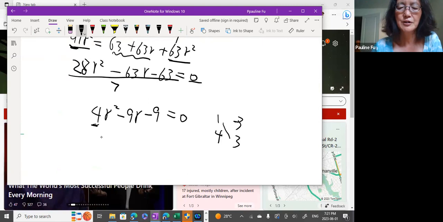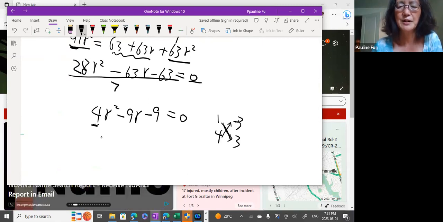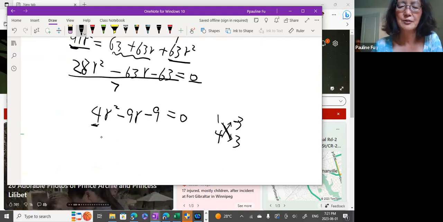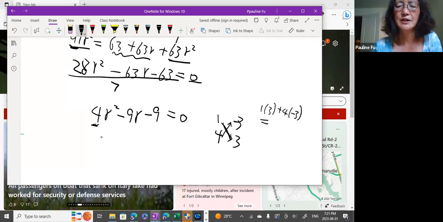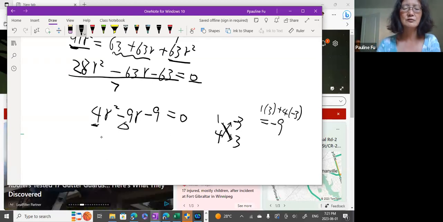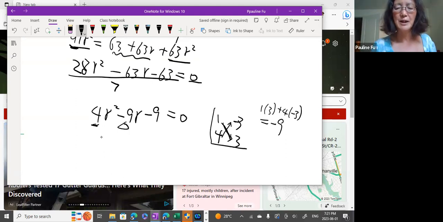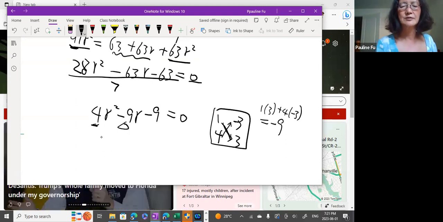And then when you do cross multiplication, 1 times 3 plus 4 times negative 3, the result is negative 9, exactly the same as the coefficient of R. That means this combination is successful.